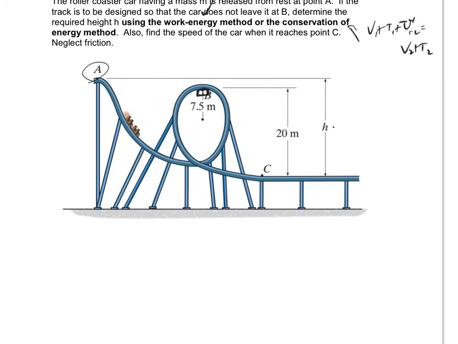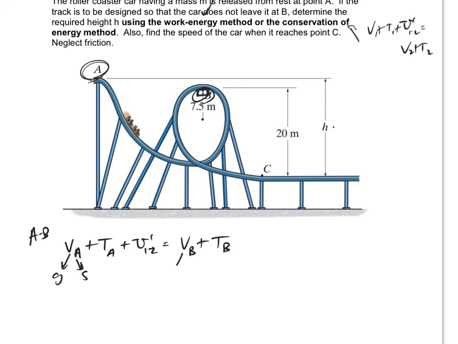I'm looking at it from A to B. From A to B, I'm going to have the potential at A plus kinetic at A plus any non-conserved work from A to B equal to potential at B plus kinetic at B. Here, potential energy could be gravity or spring.